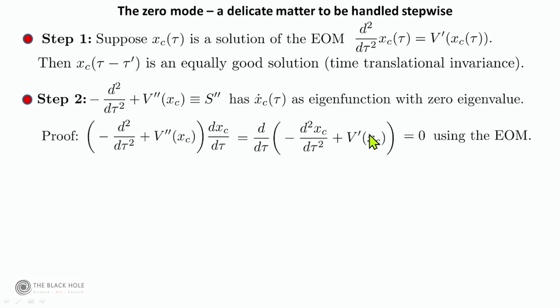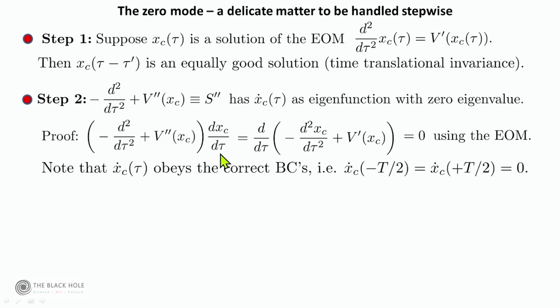And so that means that this is equal to this. But then you recognize what's over here. This is just the equation of motion. And so, this being 0, we have proved that dxc by d tau is indeed a mode. That is to say, it's an eigenfunction, and it has got 0 eigenvalue.